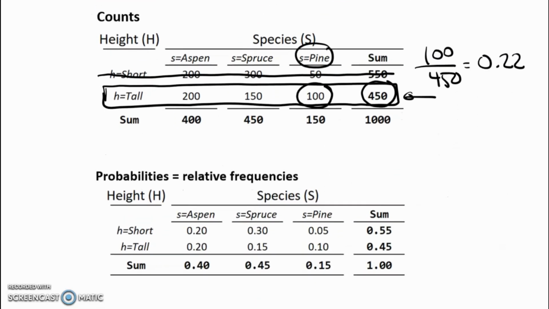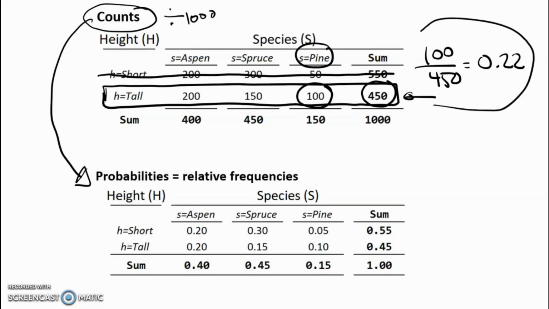Now, if we scoot down this table of probabilities, these are, of course, a mirror image of the table of counts with the values divided by 1,000. So we can get the same answer here by dividing the 0.10 by the 0.45, which is also going to give us the 0.22. But what are we doing here?